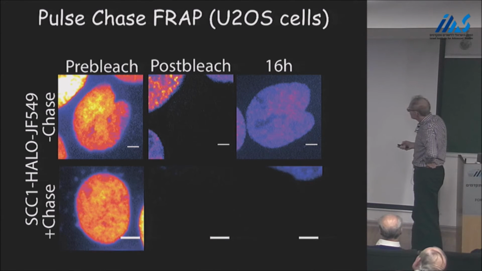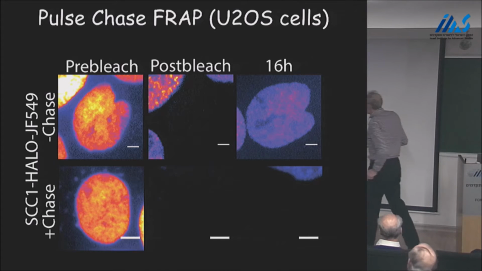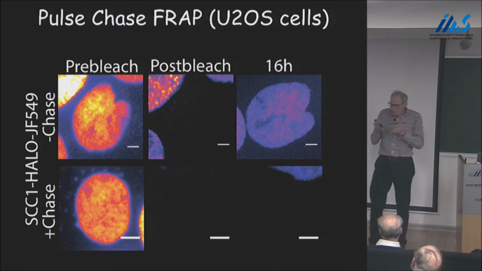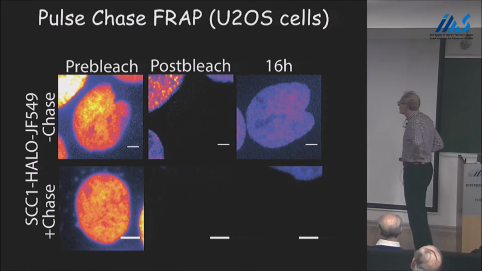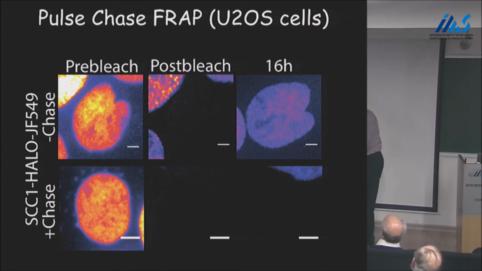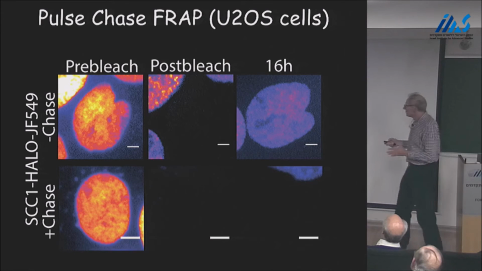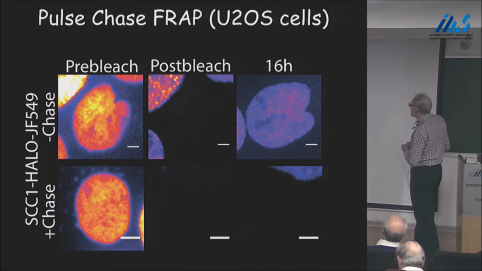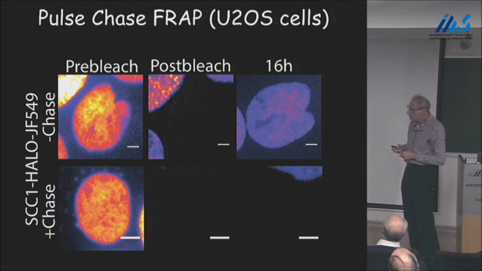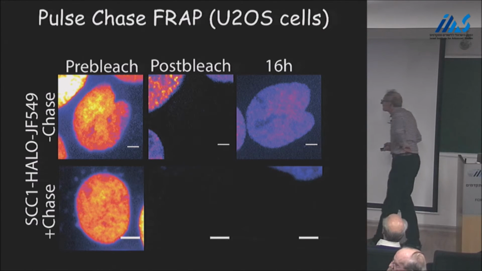So what James does is he takes U2OS cells and halo tags the cohesin subunit SCC1, and it's homozygous. We know it's functional because all the copies are tagged using CRISPR. Then you take these cells and treat them with a fluorescent ligand that will be attached to the halo domain, and you label up the cohesin using this dye.